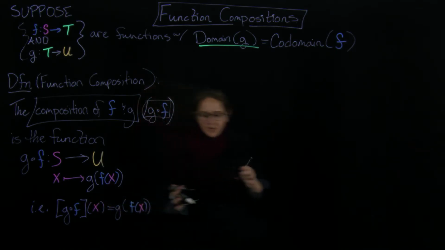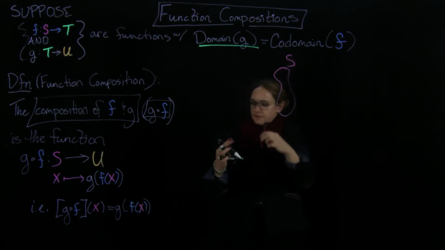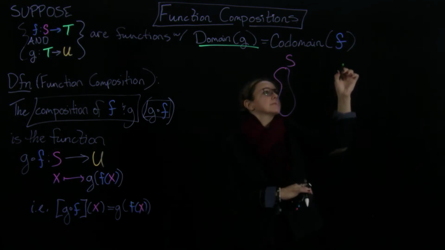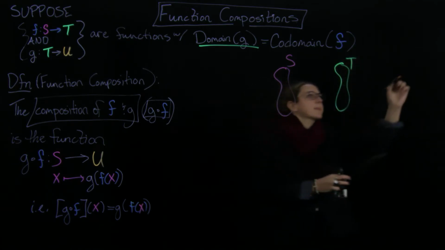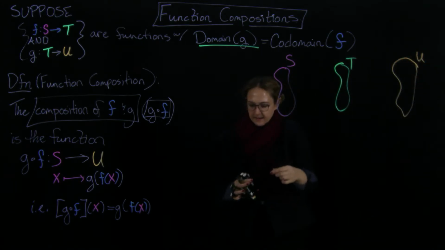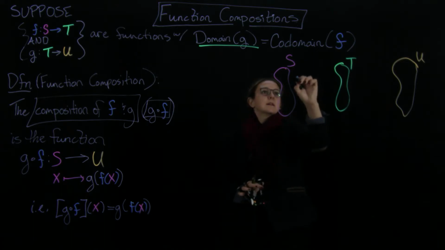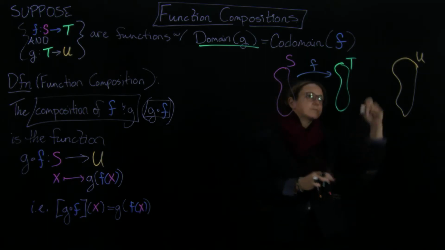Okay, so here's our picture. We have S, T, and U, and f is going to map like this, and then g is going to map like this.